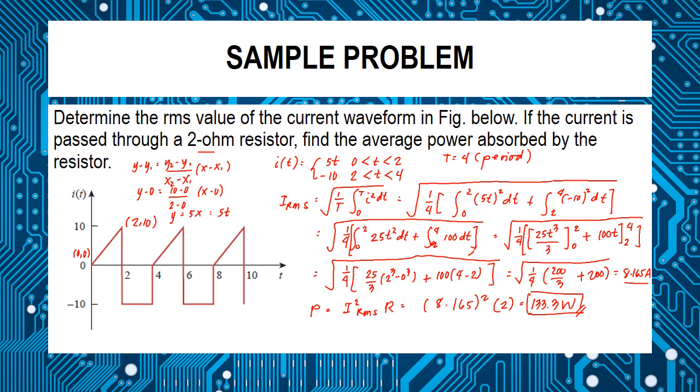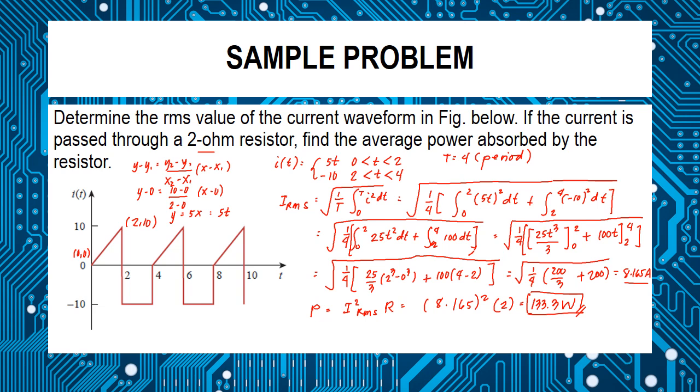So we have here 1/4, and then this one we have 25t squared dt plus, bracket, 0 from 2 to 4. This will be 100 dt.